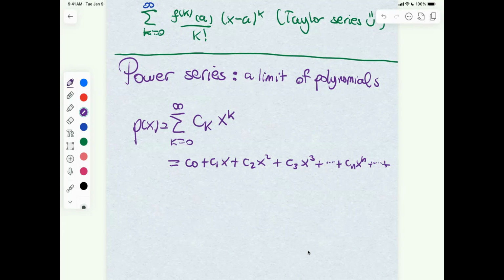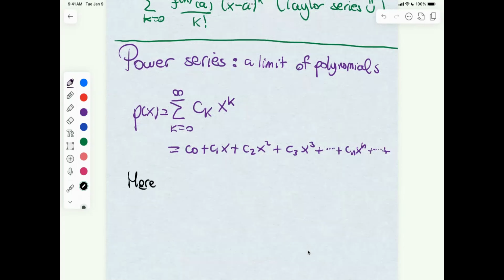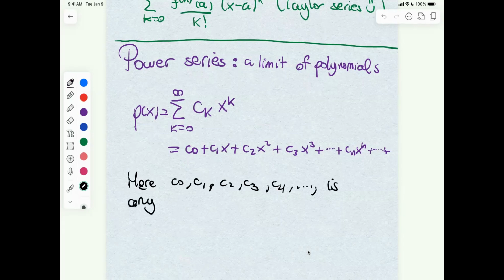So here C0, C1, C2, C3, C4 represents any sequence of numbers, the coefficients of each term.